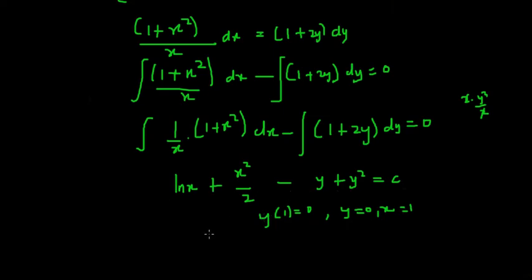Substituting y equals 0 and x equals 1 into this entire expression, we have ln of 1 plus 1 squared on 2, minus 0 plus 0 squared, equals c.